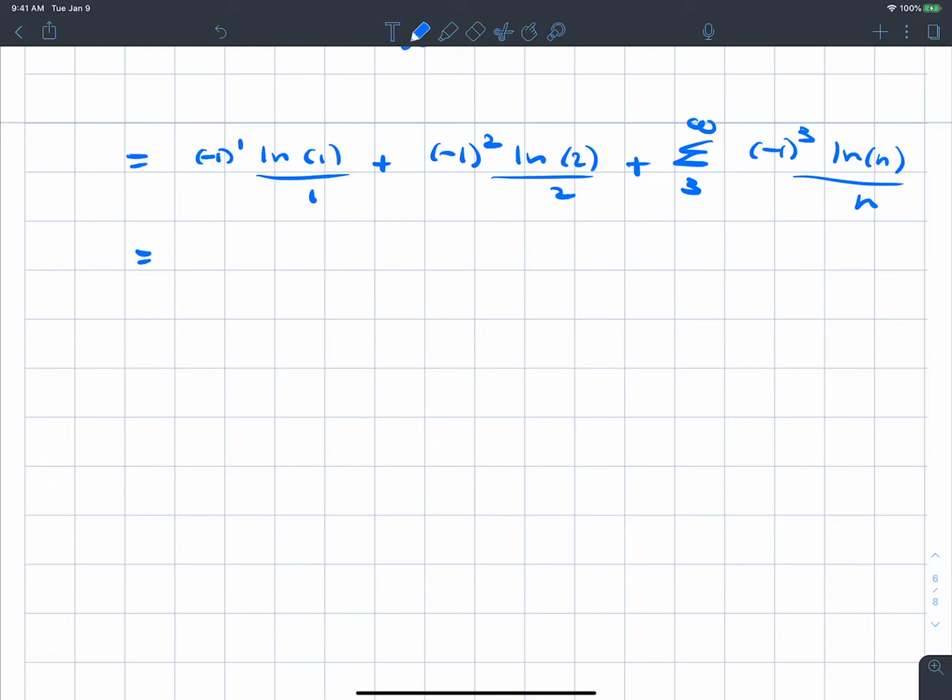So I have two finite values here. Let's see what this really is. This is 0. So this first term is really 0, and the second is positive natural log of 2 over 2, plus this series here starting at 3.